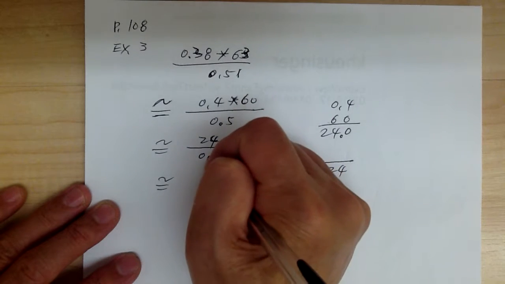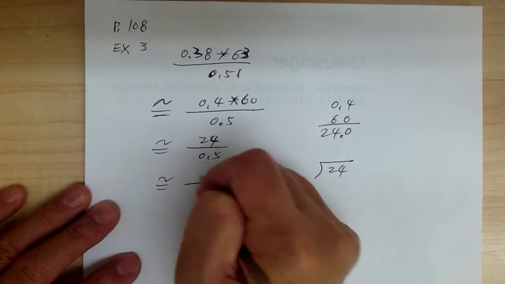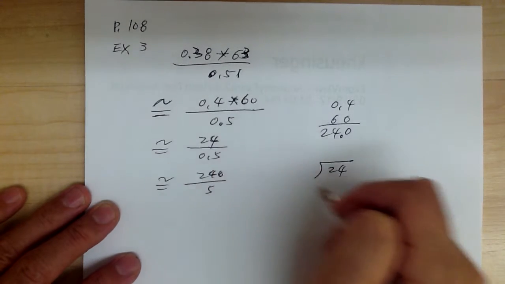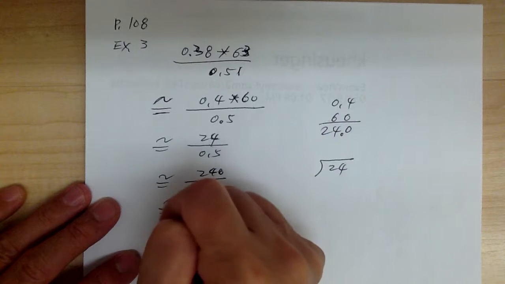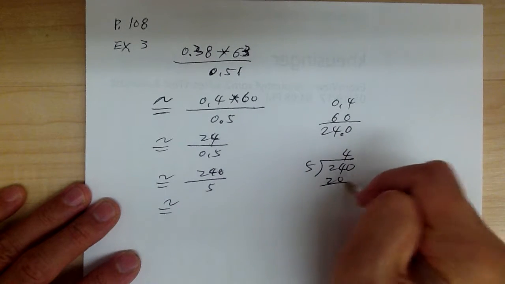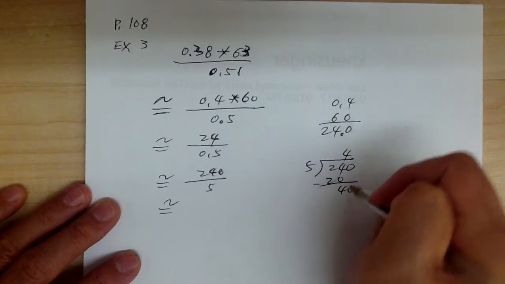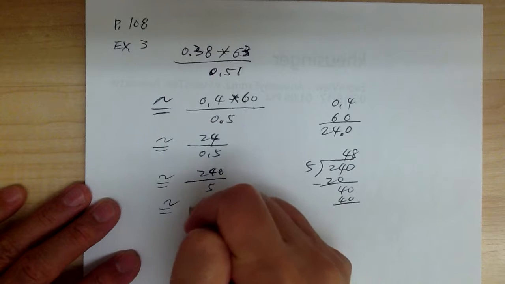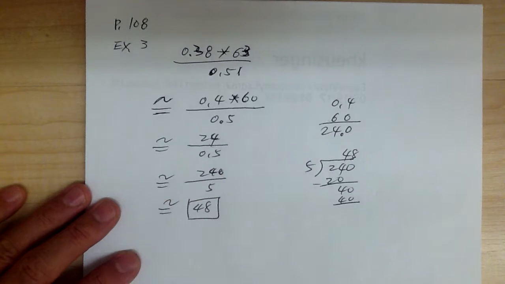You have to move 1 decimal place over, so this is the same as 240 divided by 5, but you move 1 decimal over. So 240 divided by 5 would be 48. It's very quick. So it's about 48. Again, this is approximation, right?